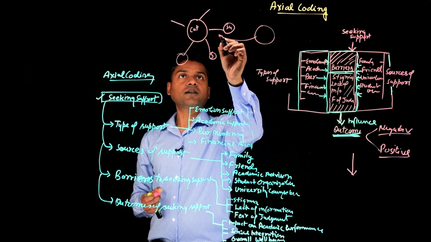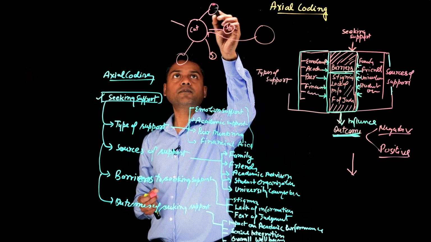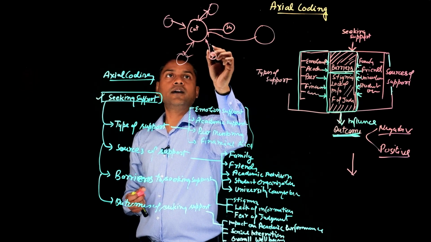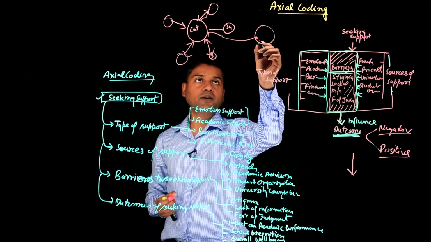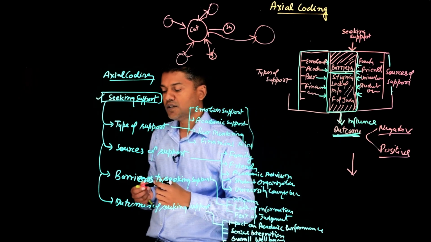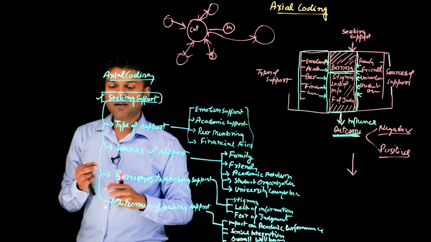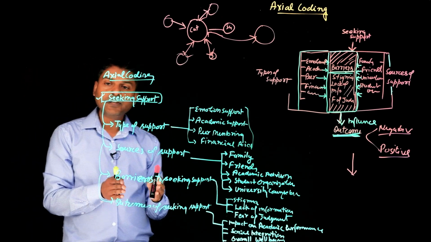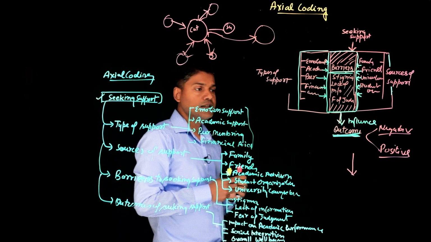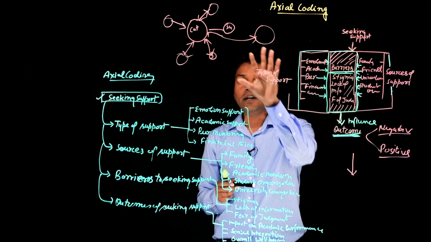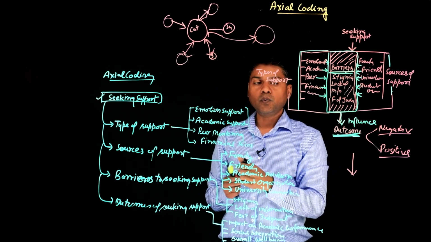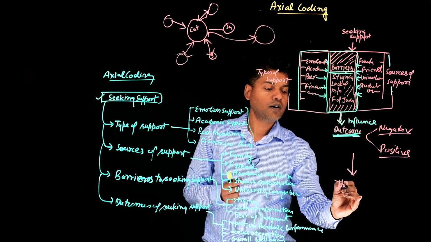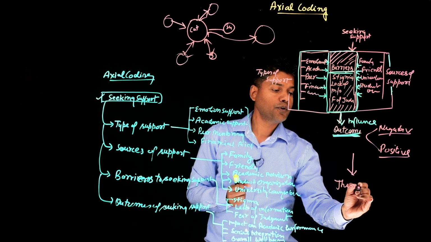So the connections between these various subcategories and with others, this is what axial coding helps you do, to understand the relationships between various codes, subcodes, categories, subcategories, and all these relationships will help you finally to develop a theoretical framework.